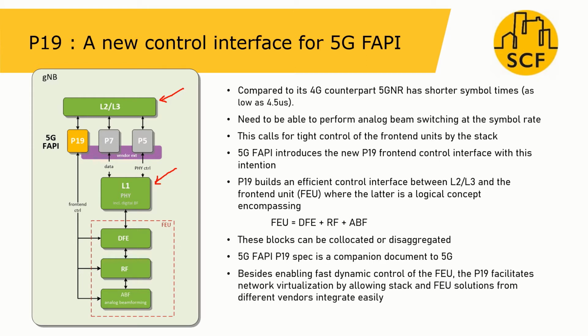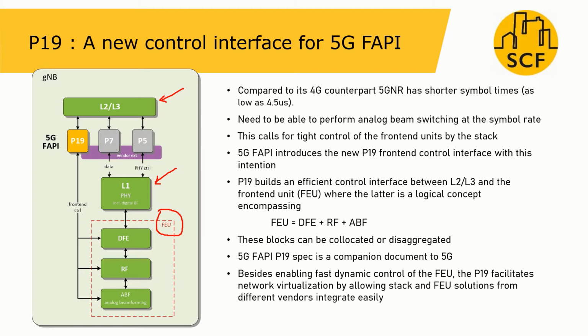These three blocks, shown in dashed lines, are collectively referred to as front-end unit. It's important to note that front-end unit is a logical abstraction, and its individual physical components can be collocated, such as inside a remote radio unit, or they can be distributed among CU, DU, or RU.